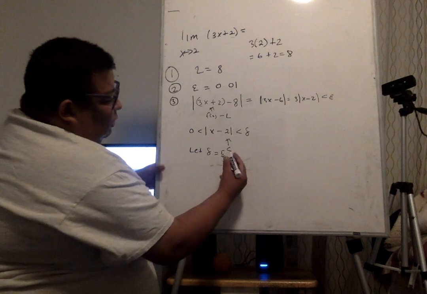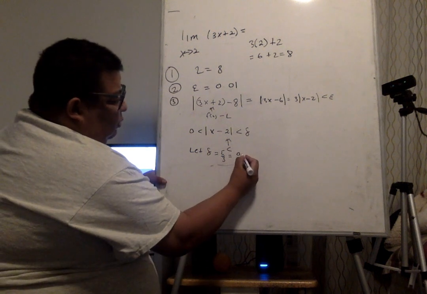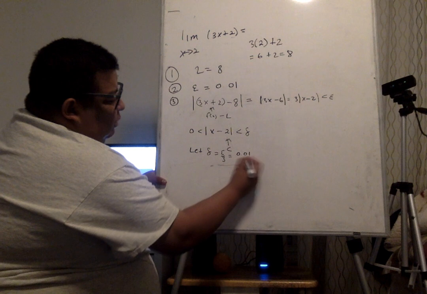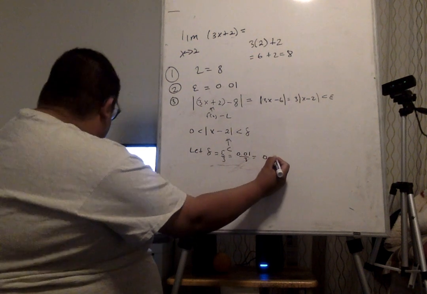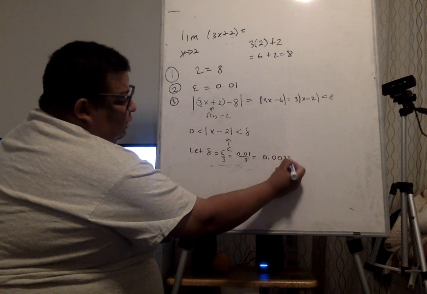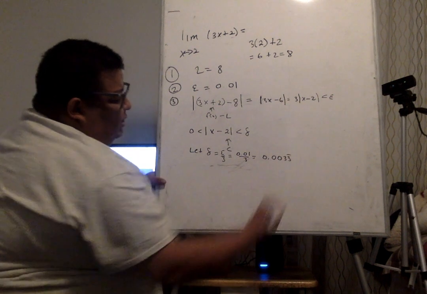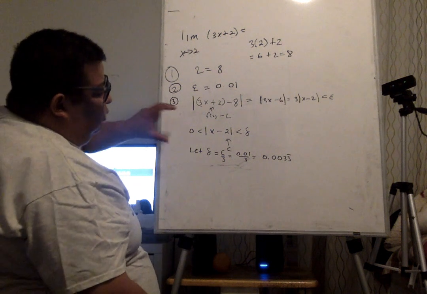Okay, and remember, epsilon is equal to 0.01, so we let 0.01 over 3. That is gonna be equal to 0.0033, and that is a repeating decimal. So now we did the scratch work.